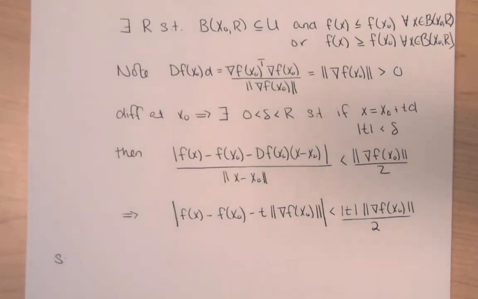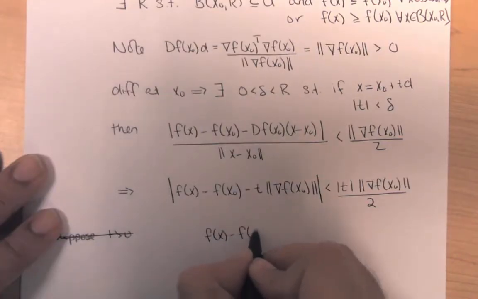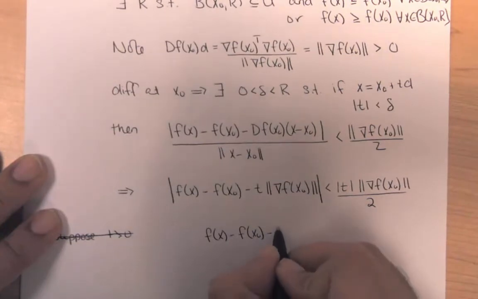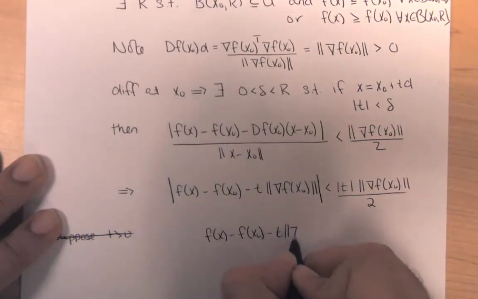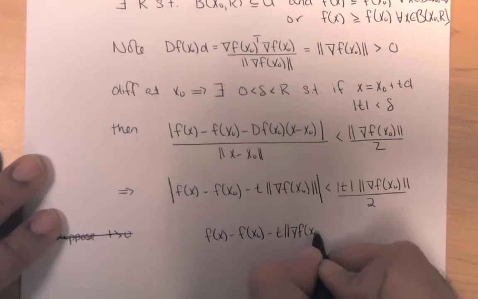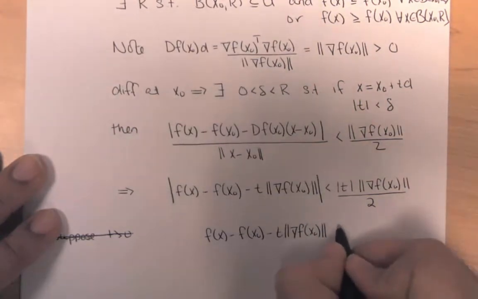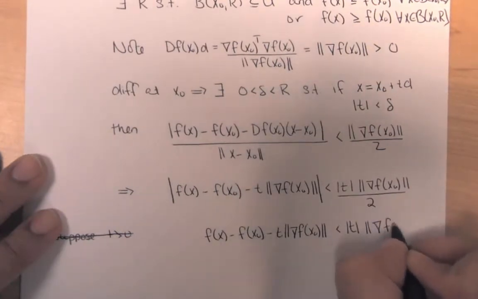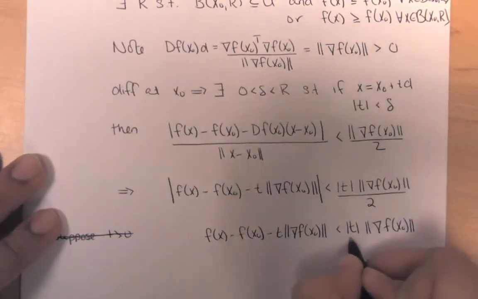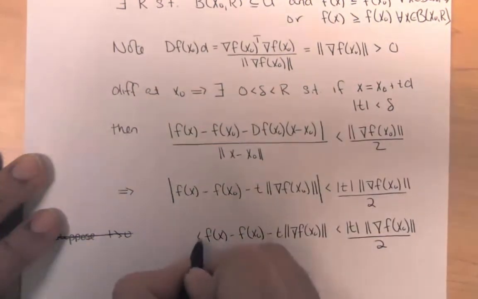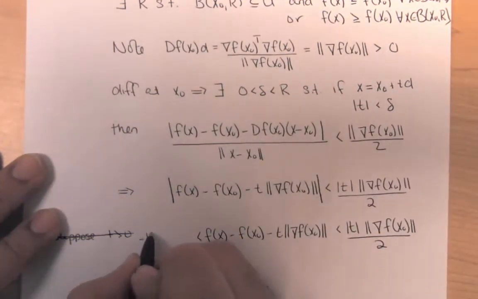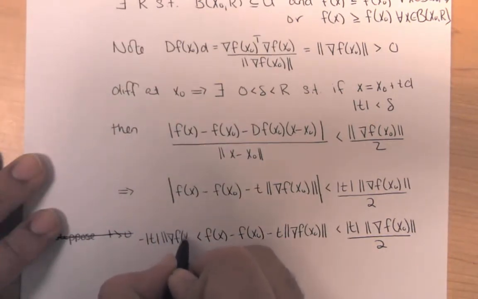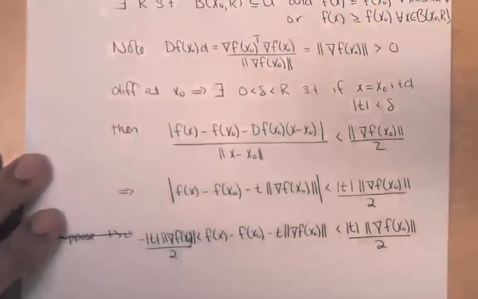And so we're going to use that fact: f of x minus f of x naught minus t times the gradient of f at x naught is less than the absolute value of t times the norm of the gradient divided by 2, and it's greater than the negative magnitude of t times the magnitude of the gradient divided by 2.